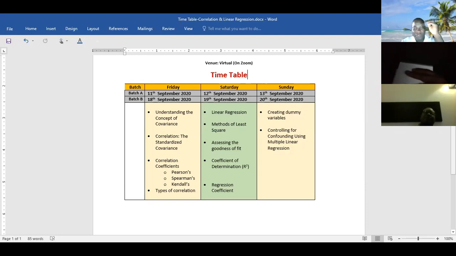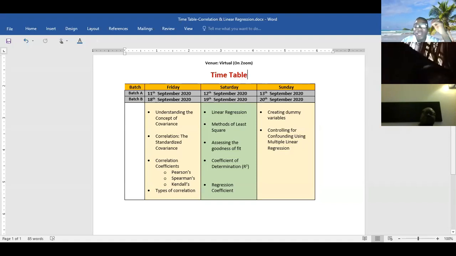Then the regression coefficient itself. Then on the third day, we're going to realize that even though linear regression is about predicting a quantitative continuous variable, the independent variable can be anything, even categorical. So whenever you want to use a categorical variable in any form of regression, even logistic regression, you need to create dummy variables.